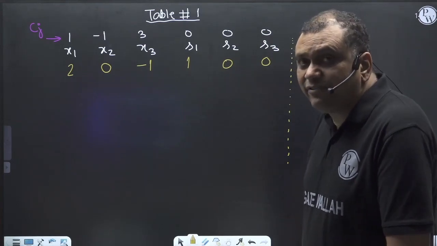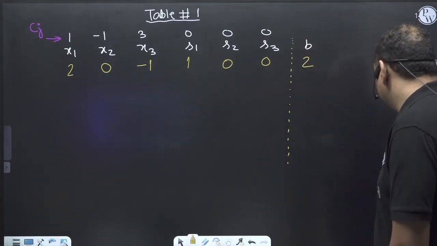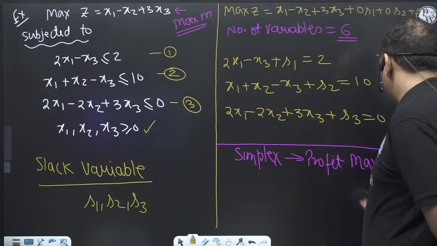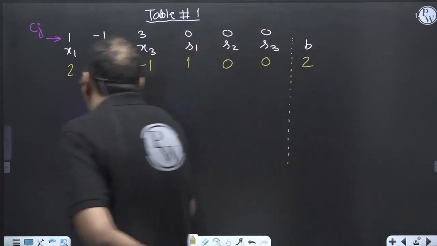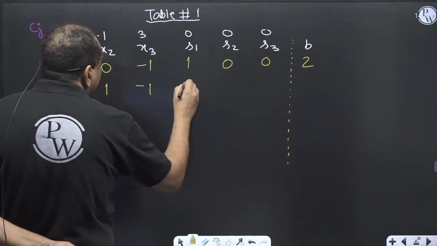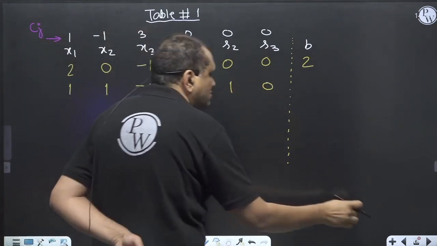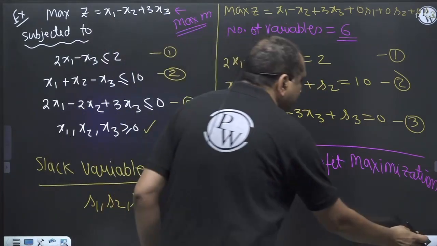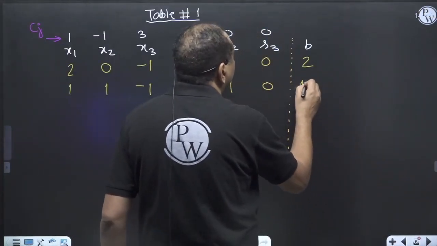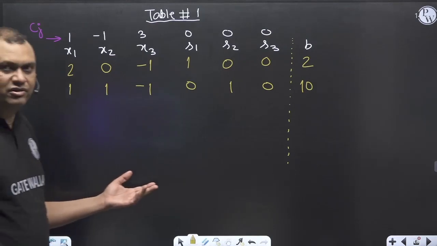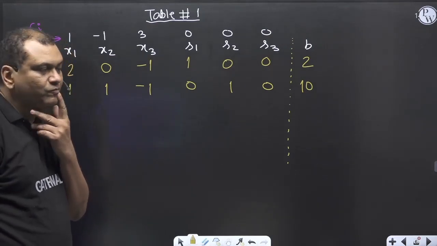Now write down the information of the second constraint. So 1, 1, -1, 0, 1, 0, and the right hand side is 10. It must be there in your notes because I told you to copy as the class is going on.